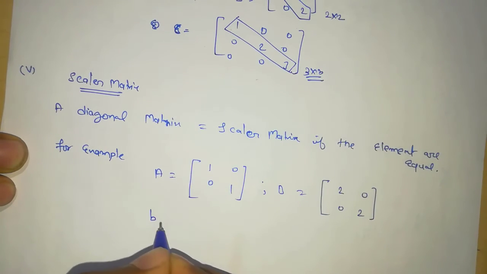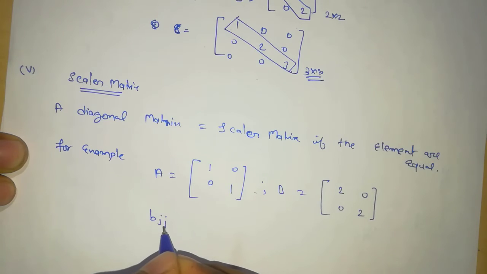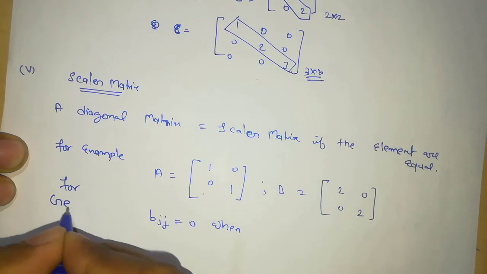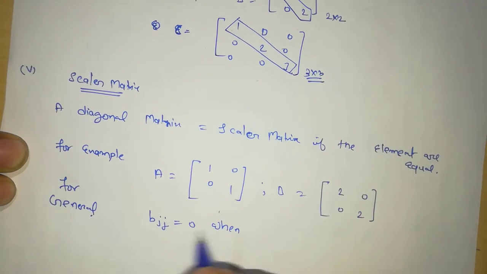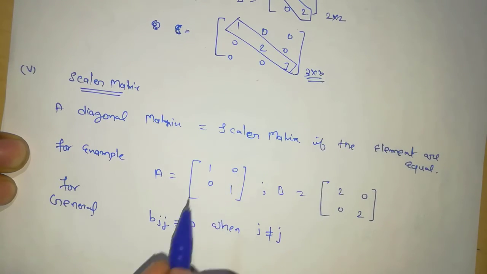It means Bij equals 0 when i is not equal to j, so the non-diagonal elements are 0.